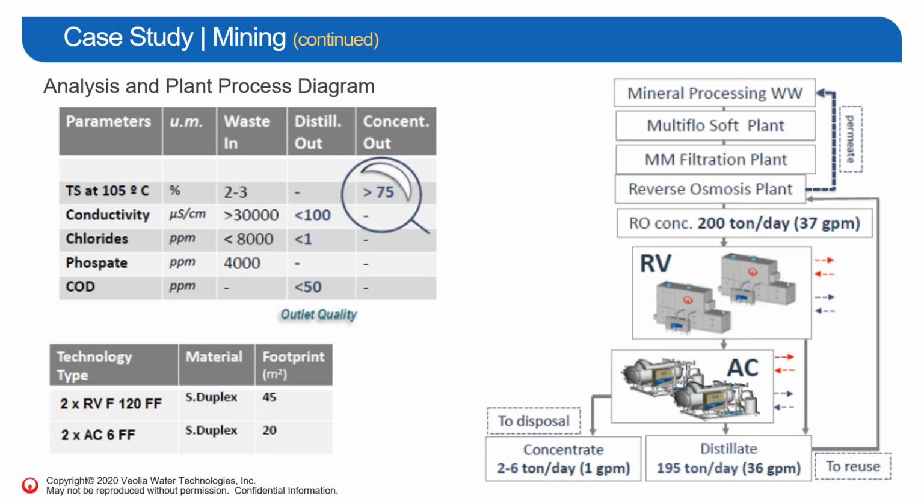The concentrate of the ACR is discharged as solid waste, so they can send it to the landfill, and the distillate they reuse in their process in order to save water and reach zero liquid discharge.